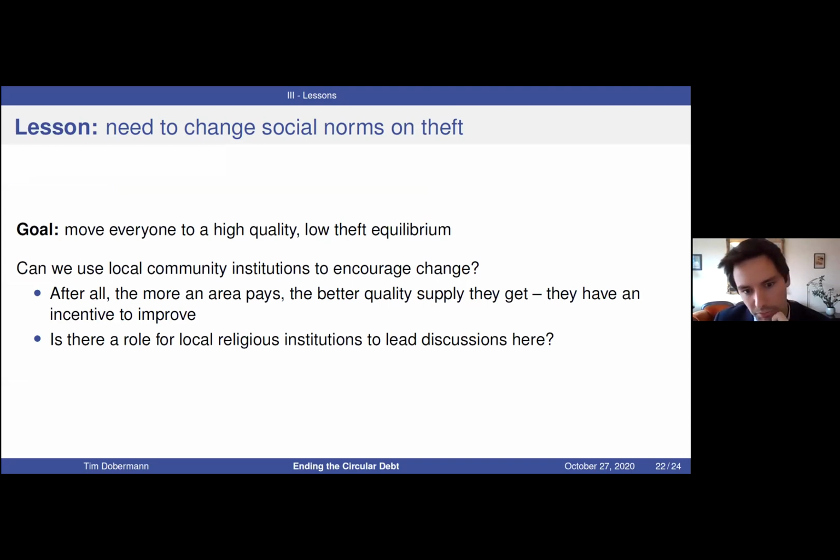Right now, if you ask someone whether not paying your bill is a crime or theft, they'll probably say no. They'll probably say, maybe the social contract is missing, so why should I pay for something like this if I don't feel like I'm getting adequately rewarded? But the goal at the end of the day is to move everyone to this high quality, low theft equilibrium. And there are many ideas, and I'd like to hear your ideas on how we could do that.